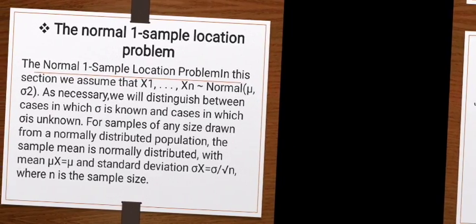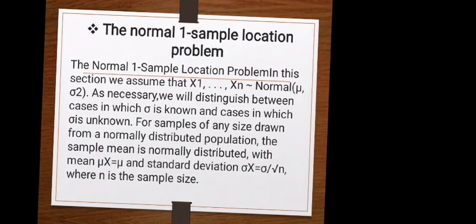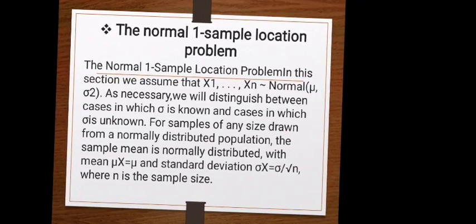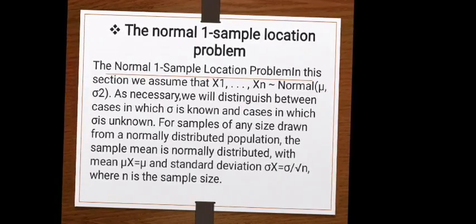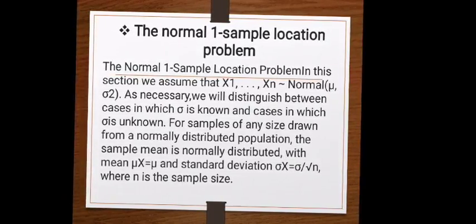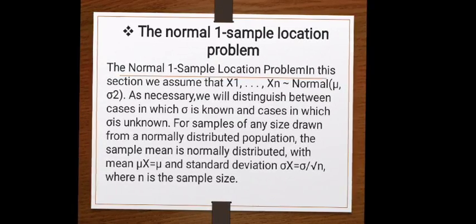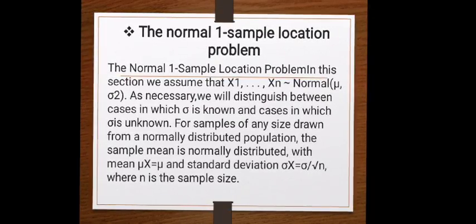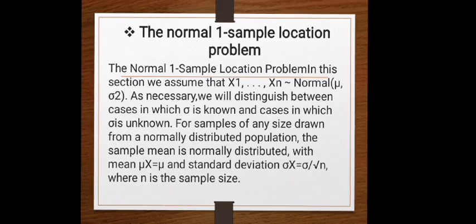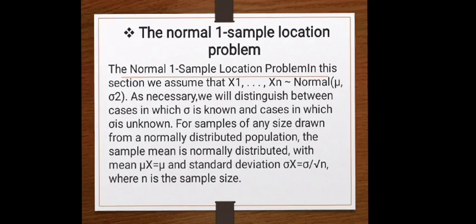The normal one sample location problem. In this section we assume that X1 through Xn ~ Normal(mu, sigma squared). As necessary, we will distinguish between cases in which sigma is known and cases in which sigma is unknown.